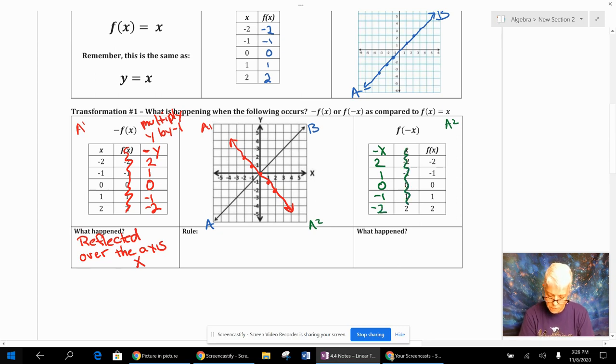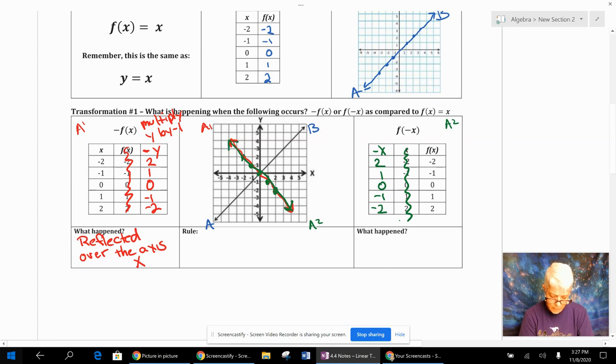I'm going to ignore this middle now, and I'm going to do 2, negative 2. 2, negative 2 is right here. 1, negative 1 is right here. 0, 0, and you can see it's laying right on top of that other function, negative 1, 1, and negative 2, 2.